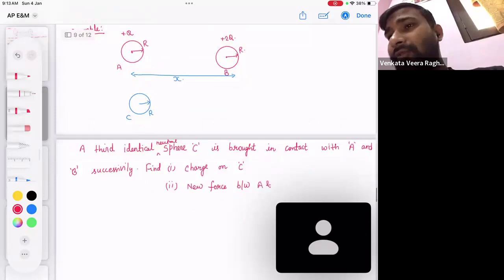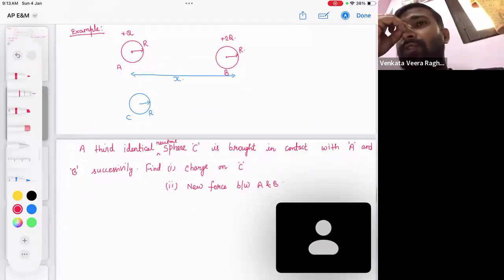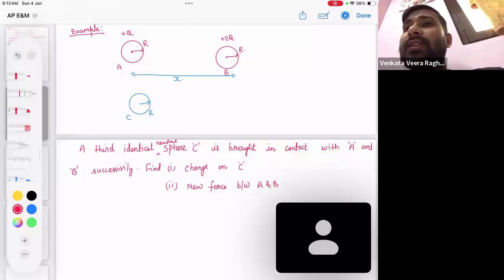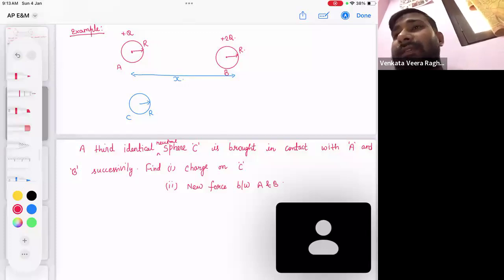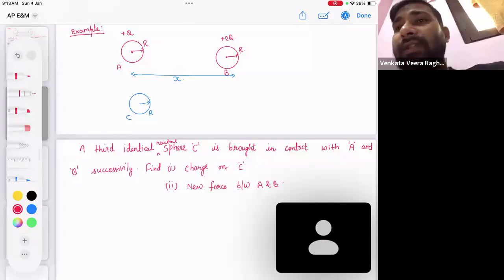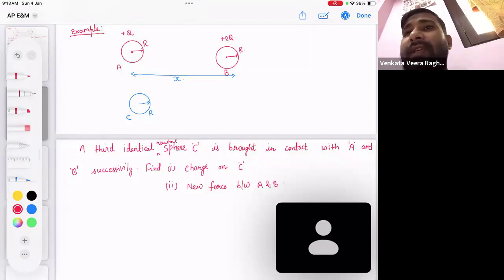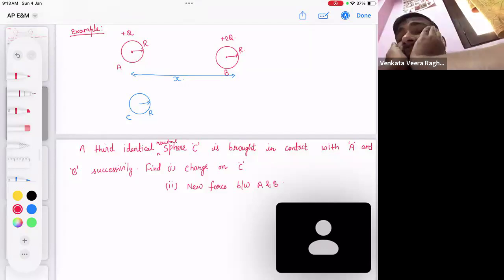Right now, what is the force between A and B? Right now the force between A and B is K Q 2Q by x square. And when C is brought in contact with A and B, some charge transfer will take place. So because C is brought in contact with A and B, now A and B will not have the same charges Q and 2Q which they have right now.